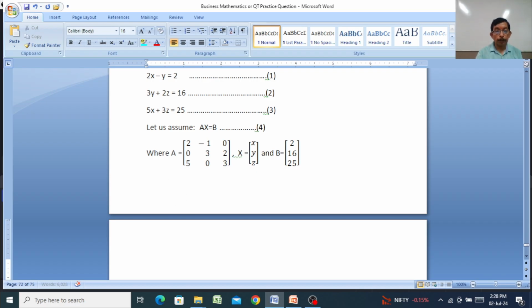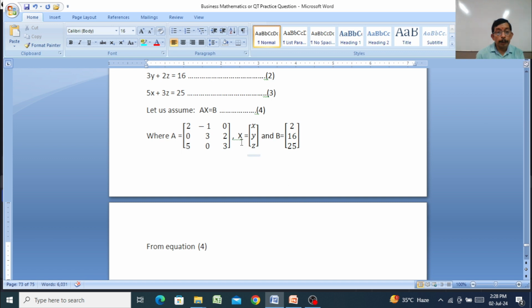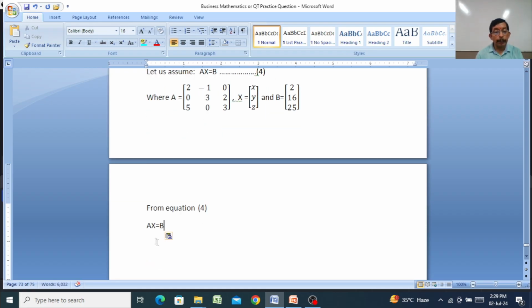From equation 4, AX is equal to B. Now multiply A inverse on both sides.